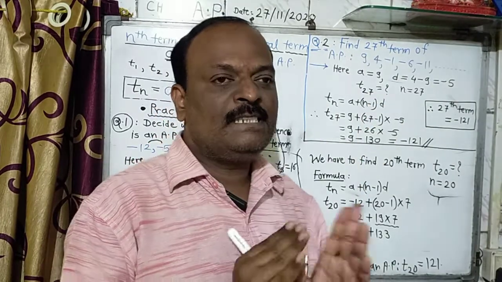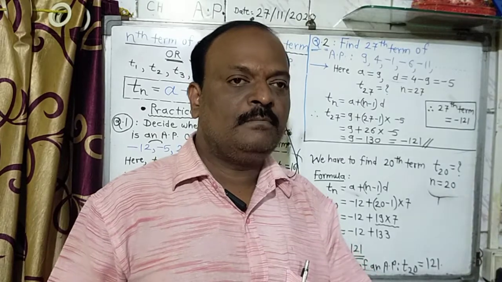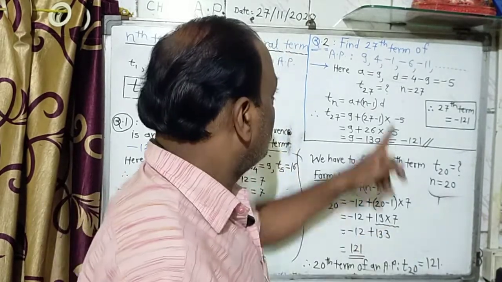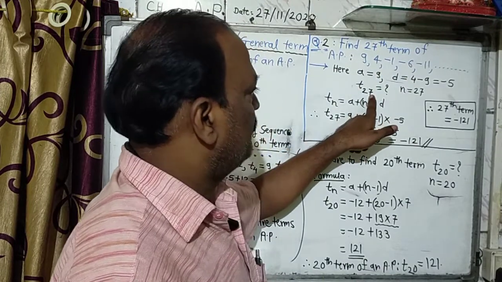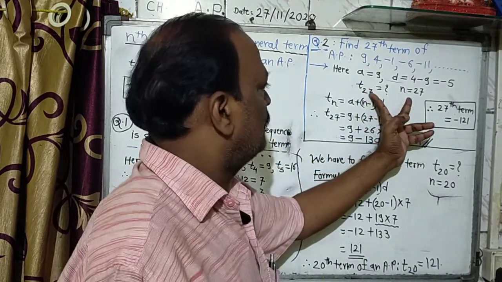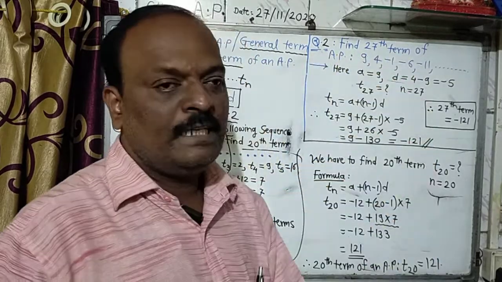Second term means T2, fifth term means T5, 10th term means T10. Similarly, the 27th term means T27, where the value of n is 27.